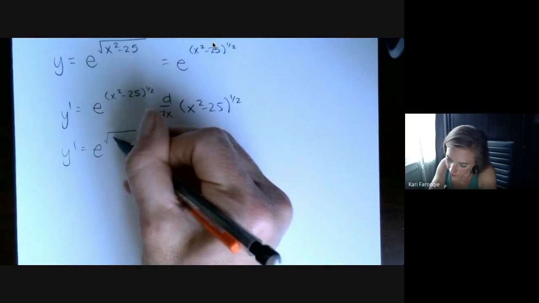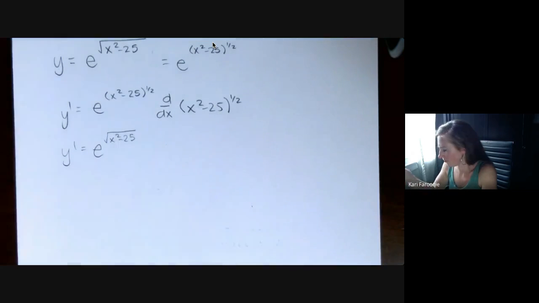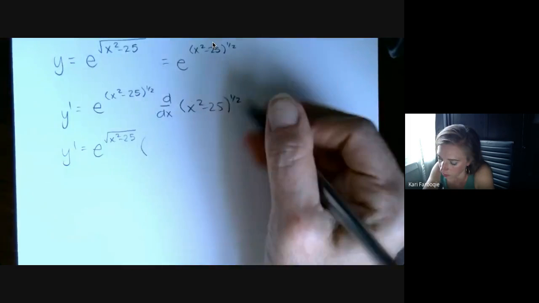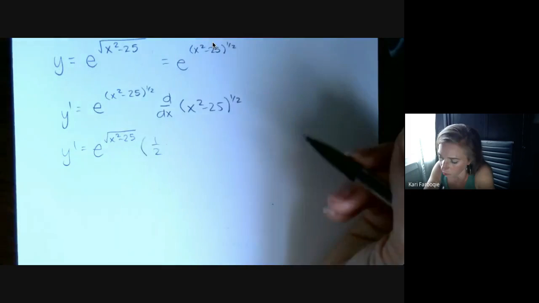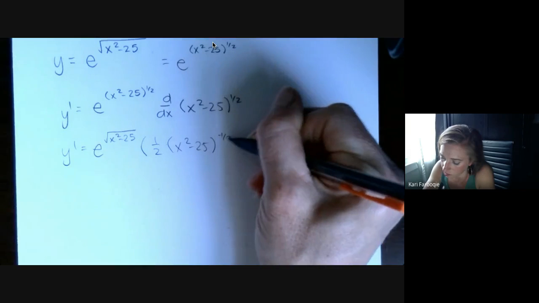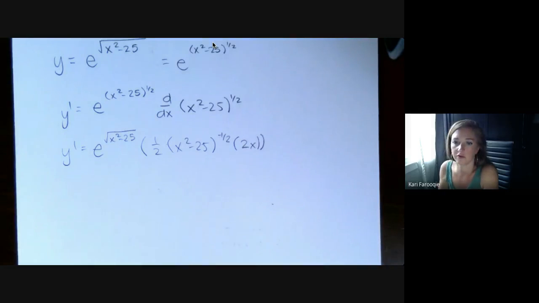And if you want to put that radical back on, since you're kind of done with that at this point, go ahead. The derivative here is going to be bring down the exponent, 1/2, keep the inside function the same, subtract 1 from the exponent, multiply by the derivative of the inside function.